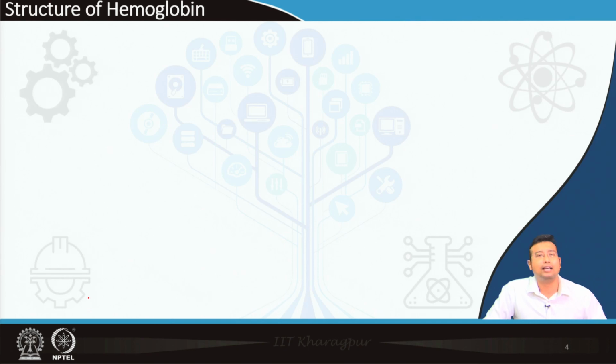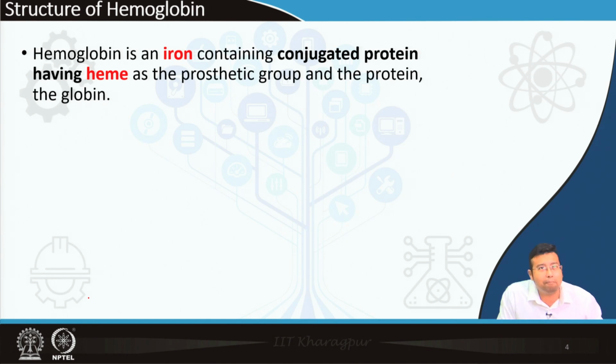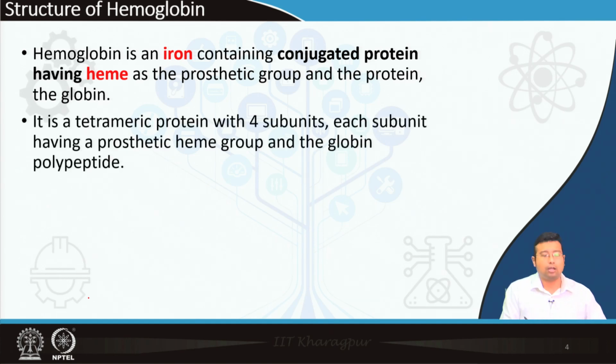With this basic knowledge of RBC, we should also have some basic knowledge about the structure of hemoglobin. We already know it is an iron containing conjugated protein that has heme and globin. So heme is the actual prosthetic group and the protein is globin.